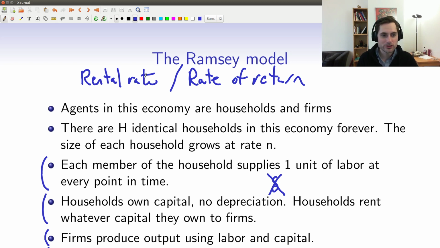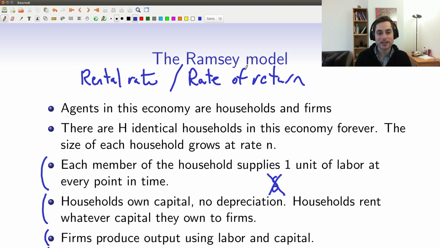So the rental rate is what a firm has to pay to use my capital right now, and then the rate of return is what I can expect, the additional capital, say, that I can receive by holding onto my capital today and selling it tomorrow.